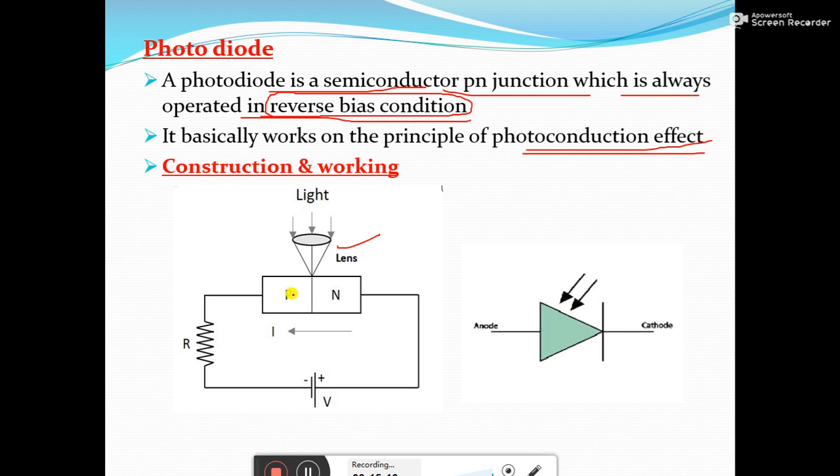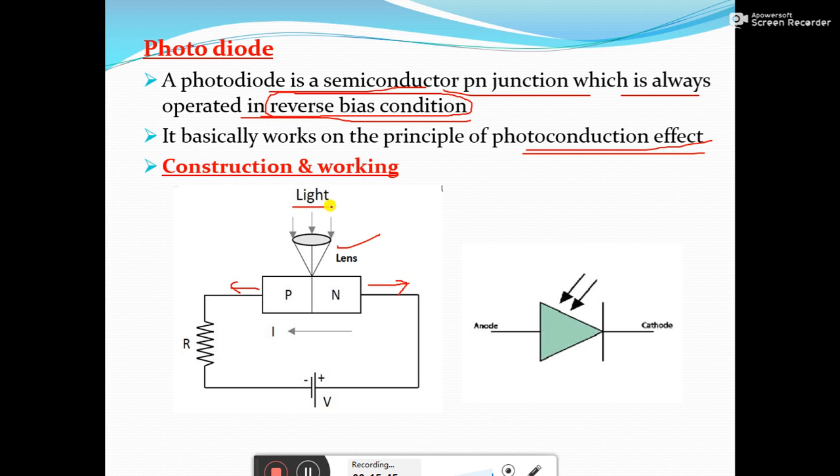In p-type, holes are majority charge carriers and they move in this opposite direction, as well as the electrons in the n region, which are attracted towards the positive terminal of the battery source. The majority charge carriers are moving away from the junction, in the opposite direction. That's why the depletion layer increases.